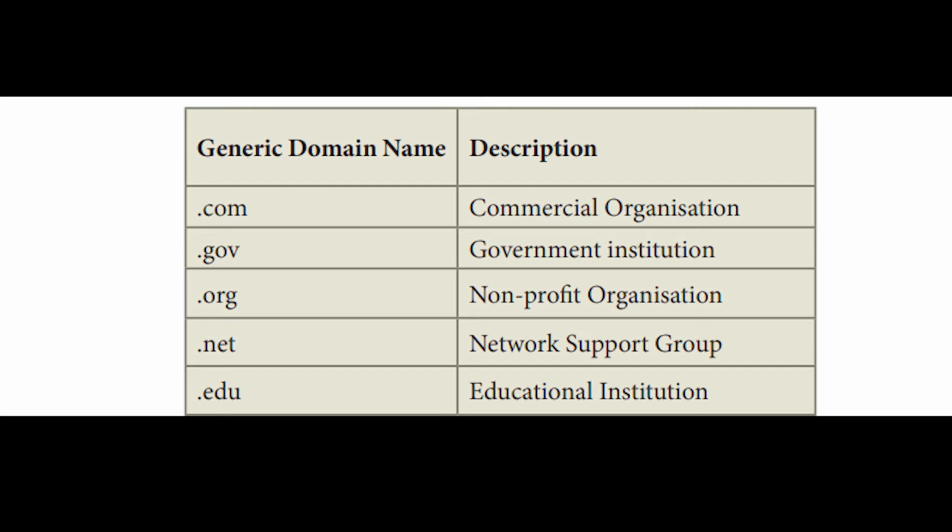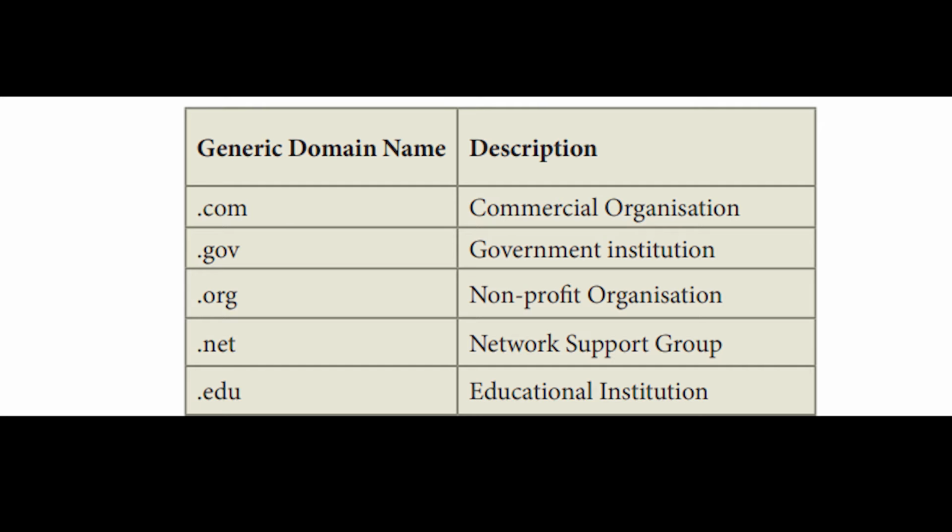A government institution will have .gov. If there is a non-profit organization, .org will be there. Any network supporting group will have .net as the extension. If any education institution is there, they'll have the generic domain name .edu.